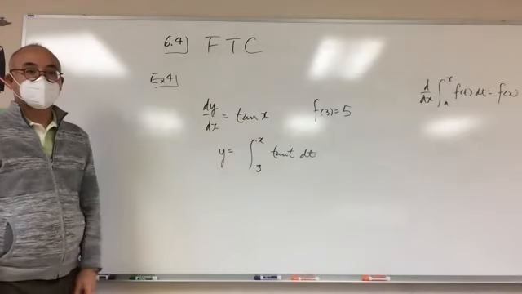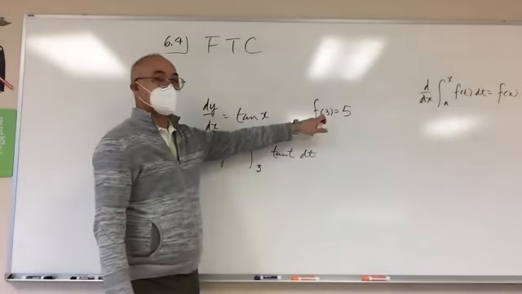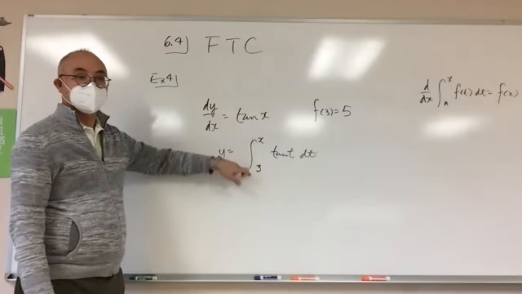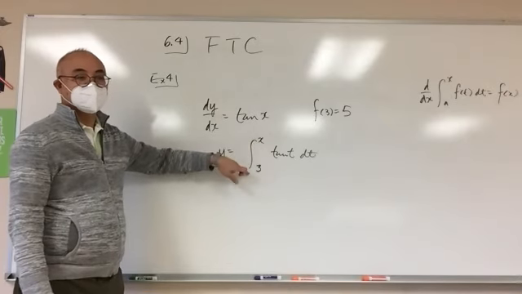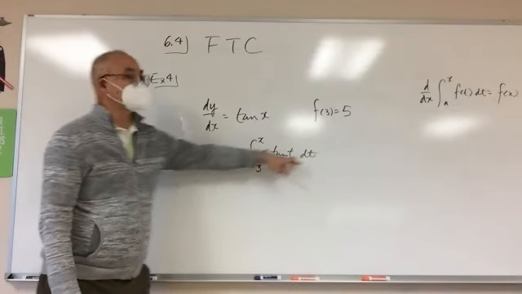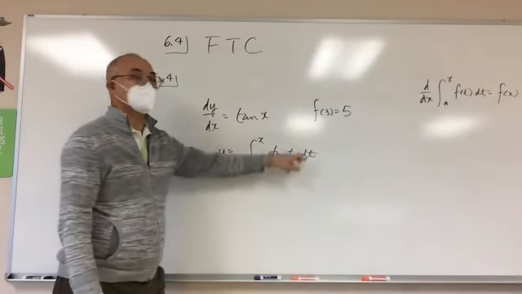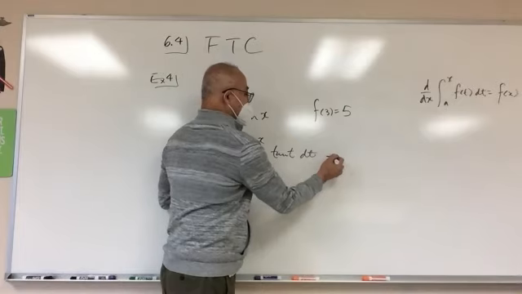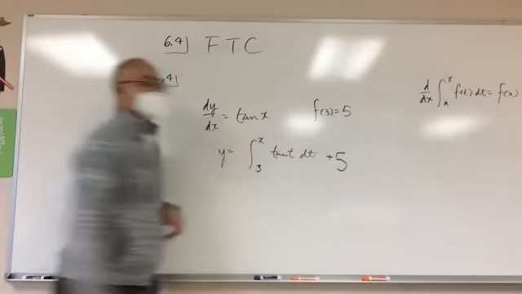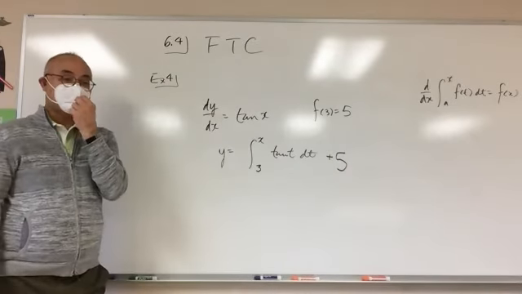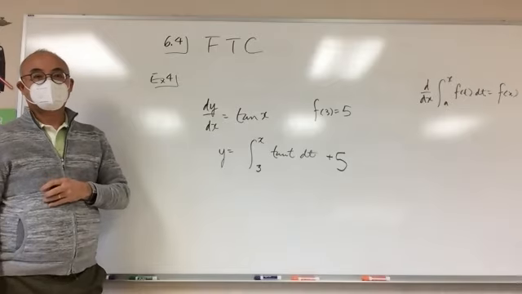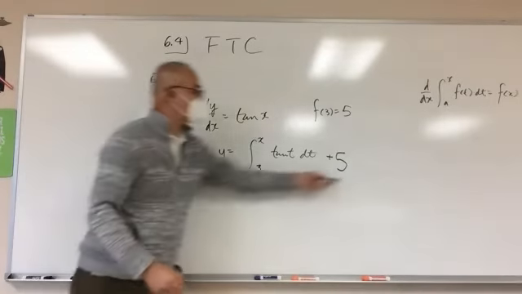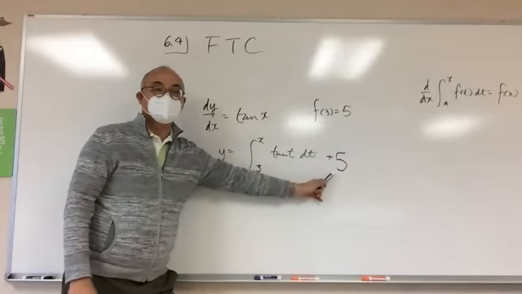Right? So when I put 3 in here, I'm going to get 3 to 3, which means what? This would be 0, right? I would zero this out. But it has to be 5. So I'm just going to add the 5 there. Why can I do that? Because when I take the derivative of this guy, what happens to the 5? It goes away.